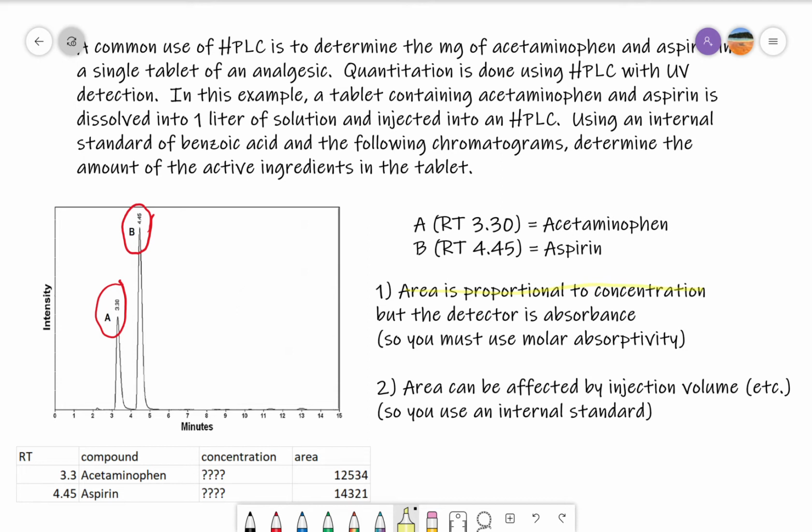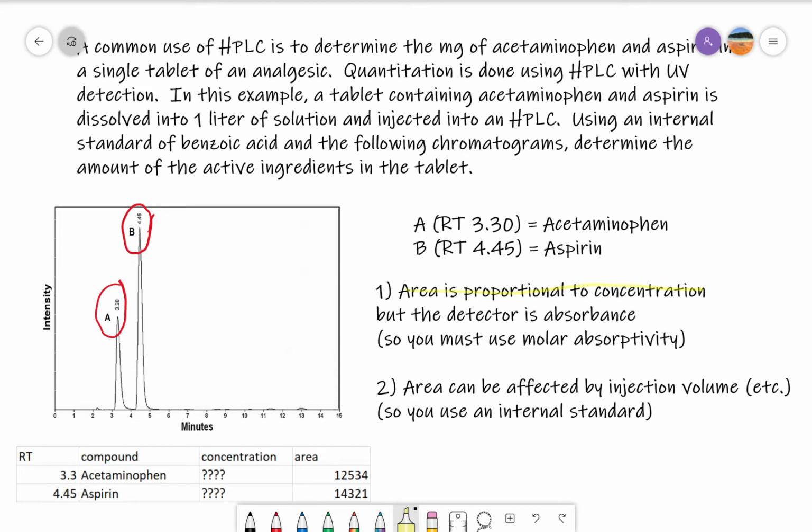That means the slope, or you still have to use standards to know, how big is that absorbance? How does that compare to the concentration? Furthermore, these areas can also be affected by the injection volume or by the experimental setup or the detector that you're using. So it's important that we use what is referred to as an internal standard.